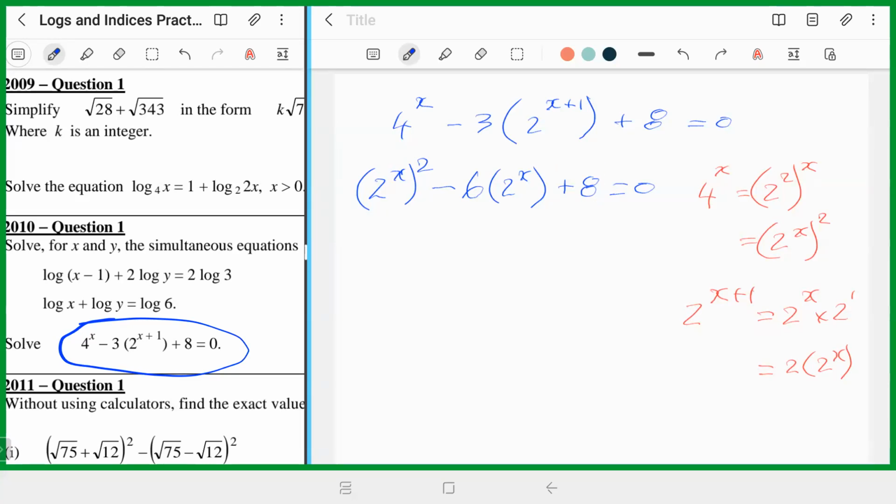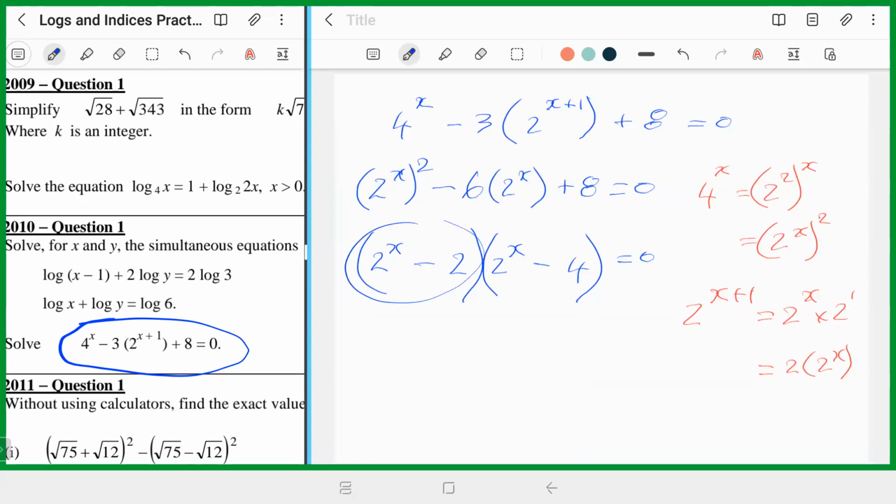Factors of 8 that add to 6 are 2 and 4. This also means the 2 signs in the bracket are the same, and both of them are negative. So this can be factorized easily like this: (2 to the x minus 2)(2 to the x minus 4) equals 0.